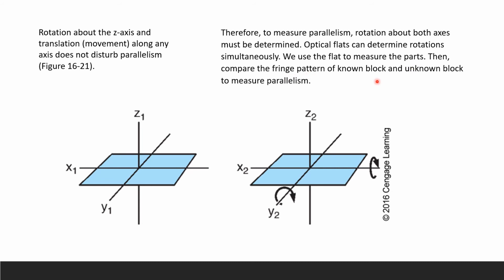You do it on the gauge, your known block, and then you do it on the unknown block, your part to be measured, and then you compare it. If the patterns are closely the same, then it's pretty good parallelism. If the patterns are far apart or have a lot of deviations, then your parallelism is not very good. Yeah.